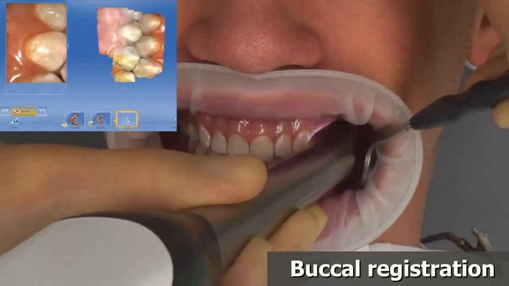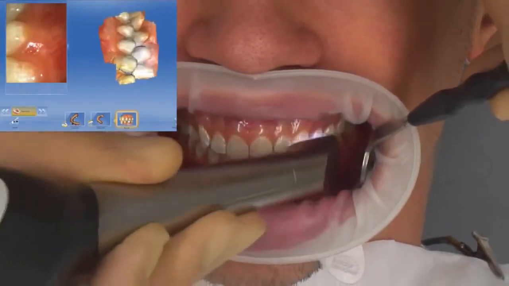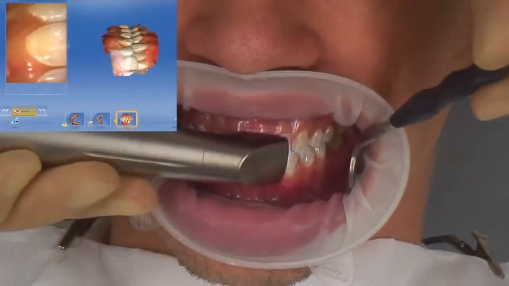For the buccal registration of the lower and upper jaws, carry out a scan of the buccal bite registration.